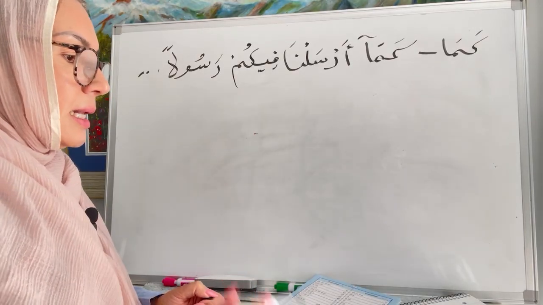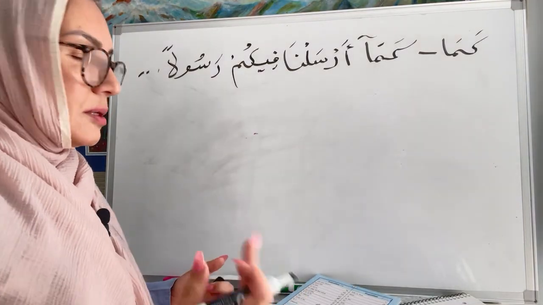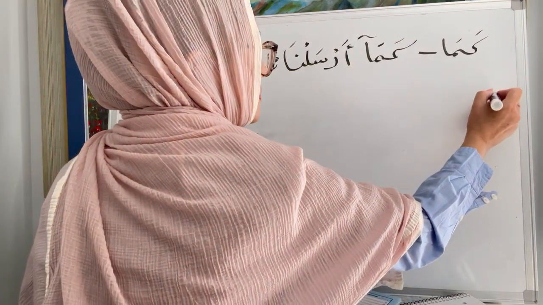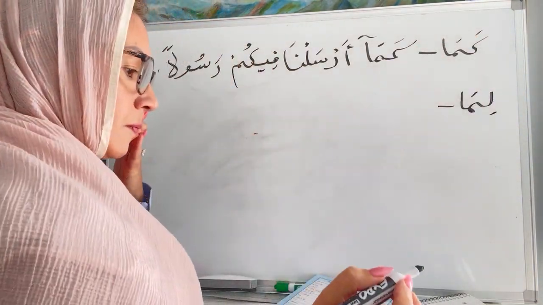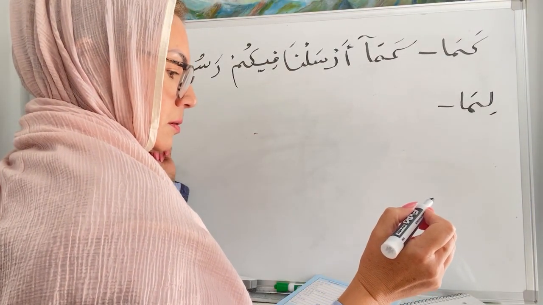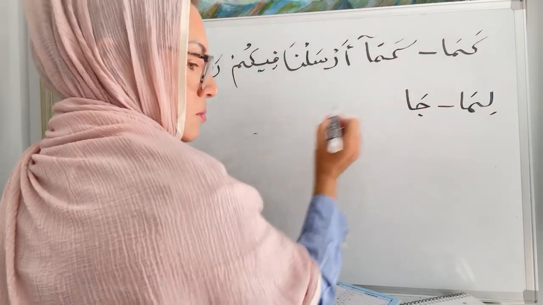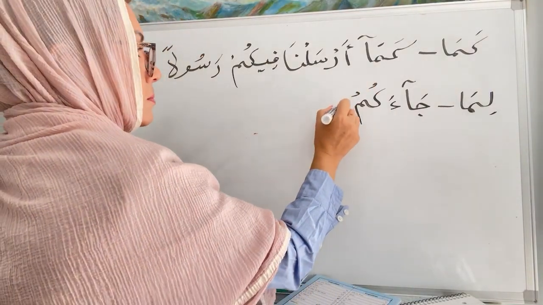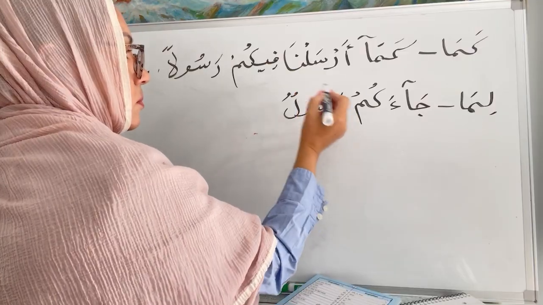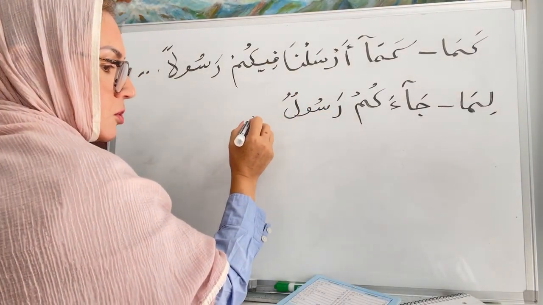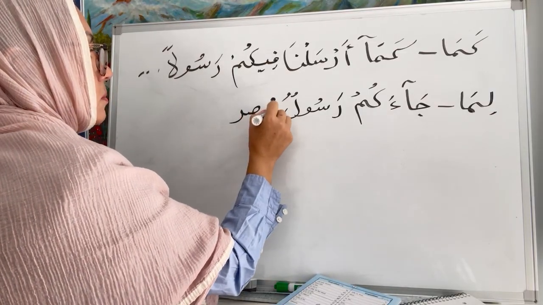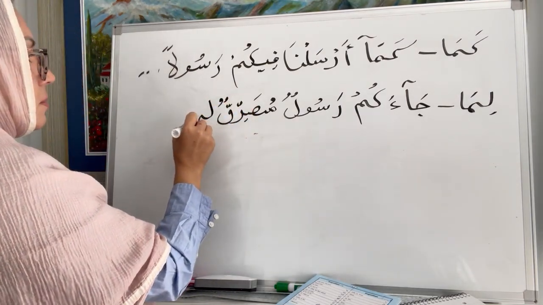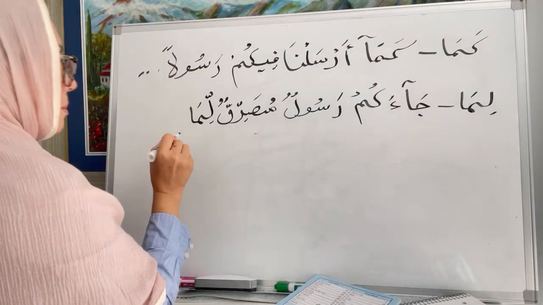Okay, the next one we have is lima, meaning several things, like for what or for that which or why. Those are the meanings for lima. Okay, let's give the example. جاءكم رسول مصدق لما معكم.